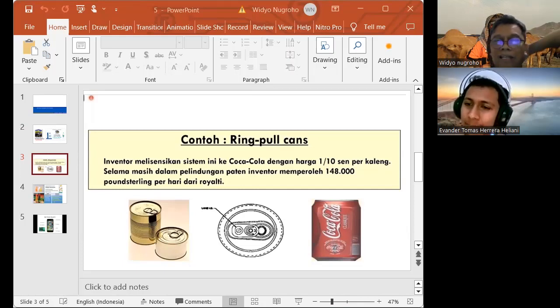So while under patent protection, the invention earned 145,000 euros or dollars.